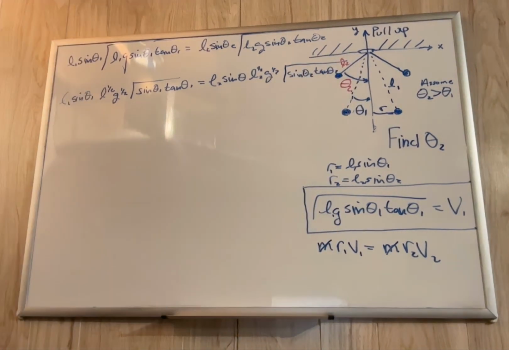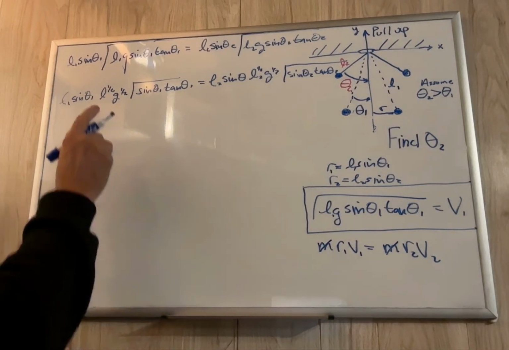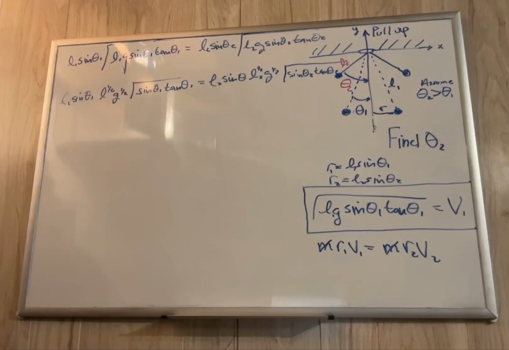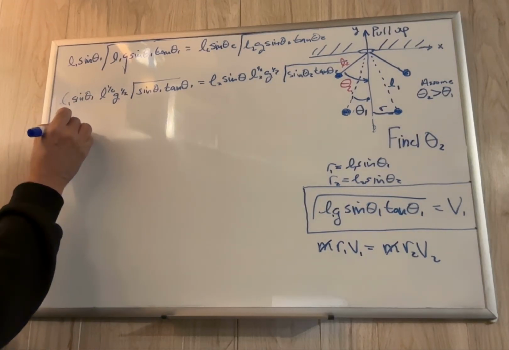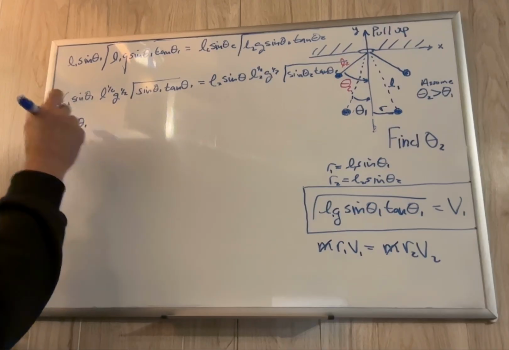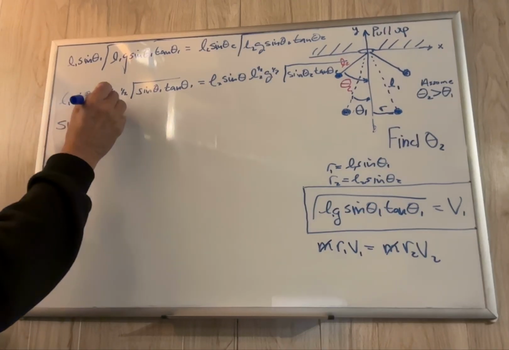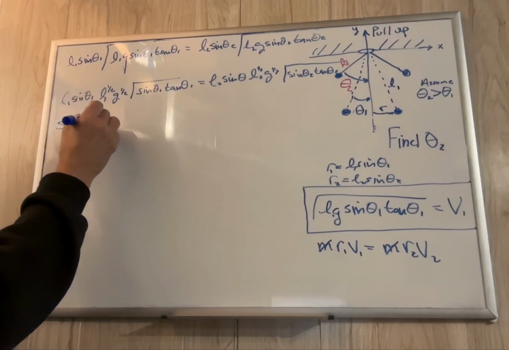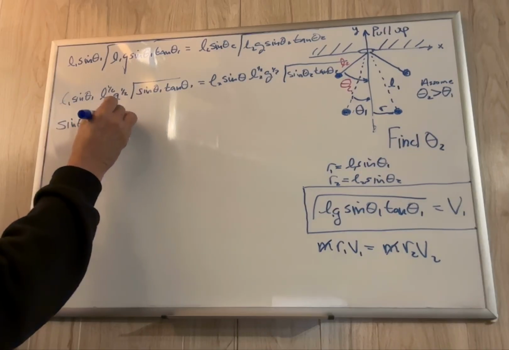Gosh, I need a bigger board. All right. I think I can agree with that. Well, let's look at this. If we multiply 1 times 1/2, then we get to 3/2. Now we're going to have sine theta 1, L1 times L1 to the 1/2 is going to be L to the 3/2. Does that sound about right?